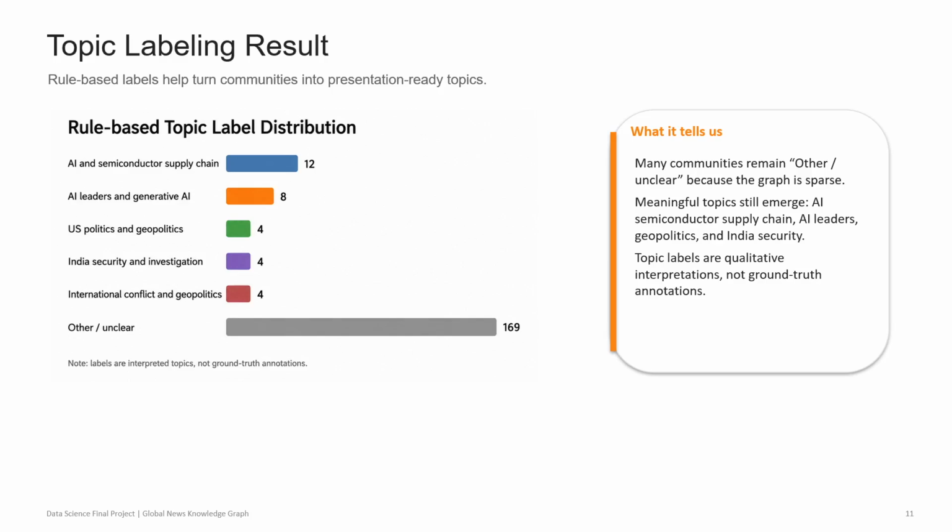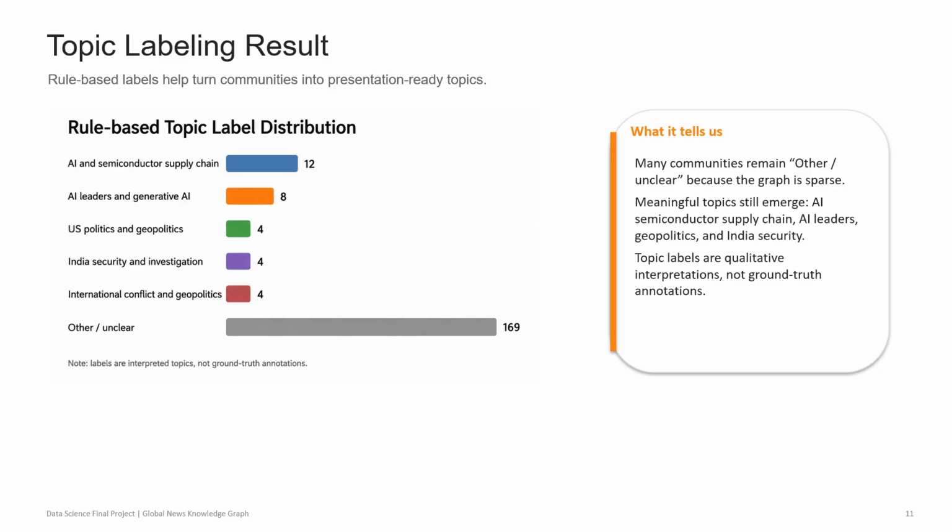For example, if a community contains NVIDIA, Jensen Huang, TSMC, Taiwan, GPU or CPU, we label it as AI and semiconductor supply chain. If a community contains Elon Musk, Sam Altman, OpenAI, or ChatGPT, we label it as AI leaders or generative AI. Most communities are labeled as other or unclear.